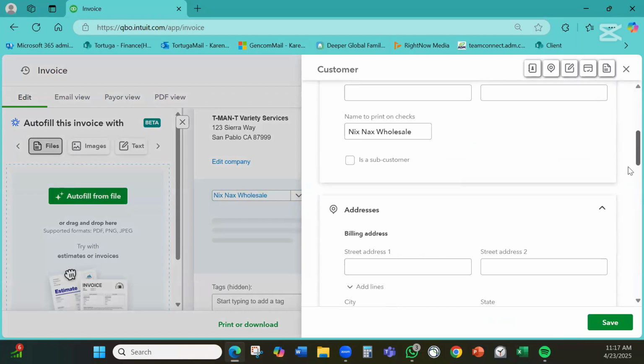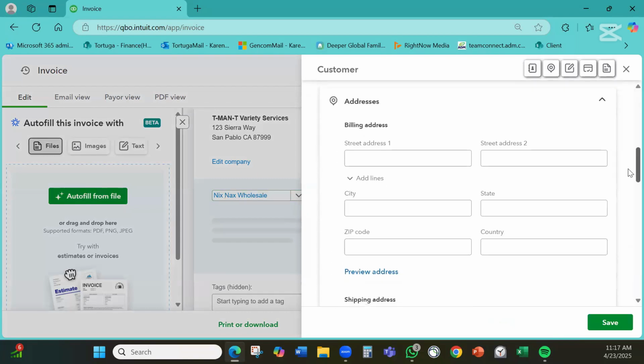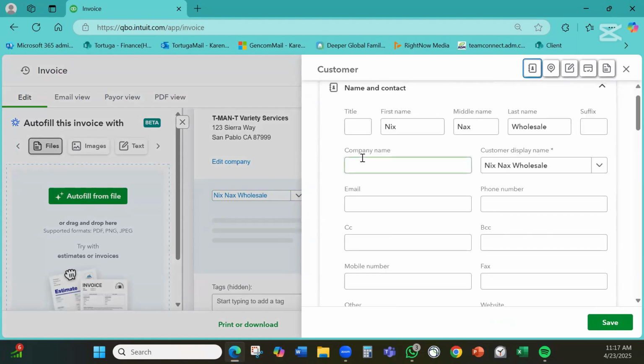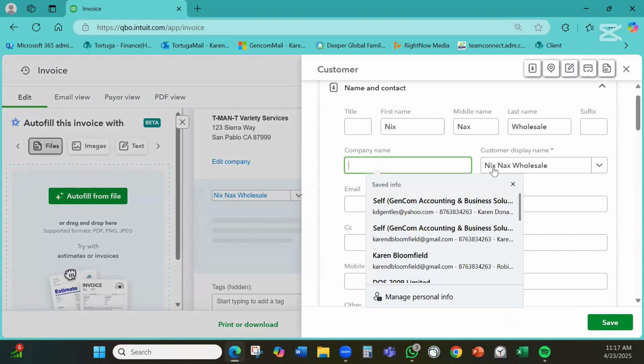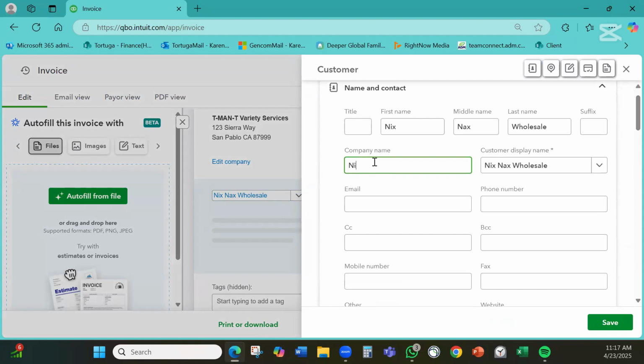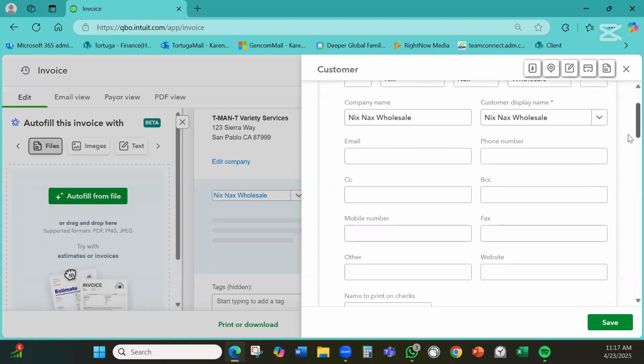And so it automatically fills in the information. If I have the address, I can put it. I'm just going to put the name as the same, right? And if I have other detail, I can put it in there, the email, the phone number, and so on.